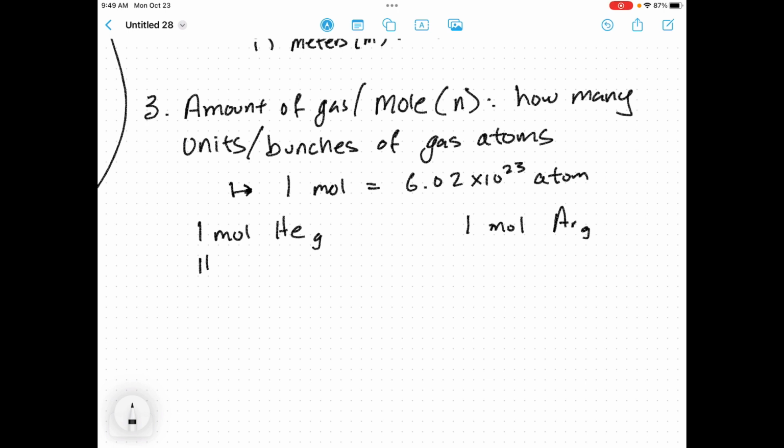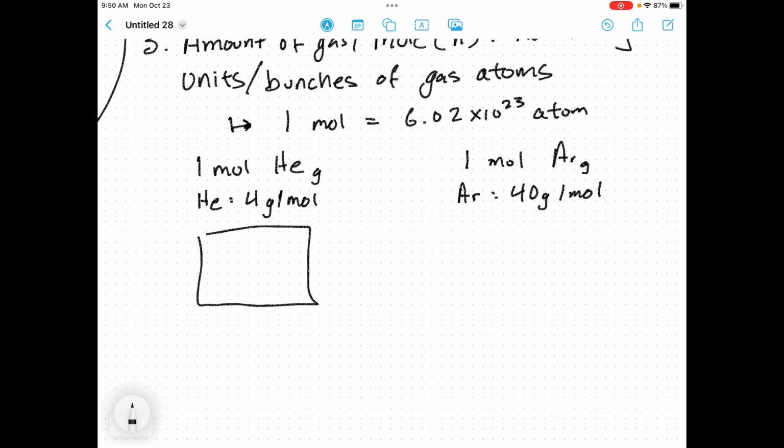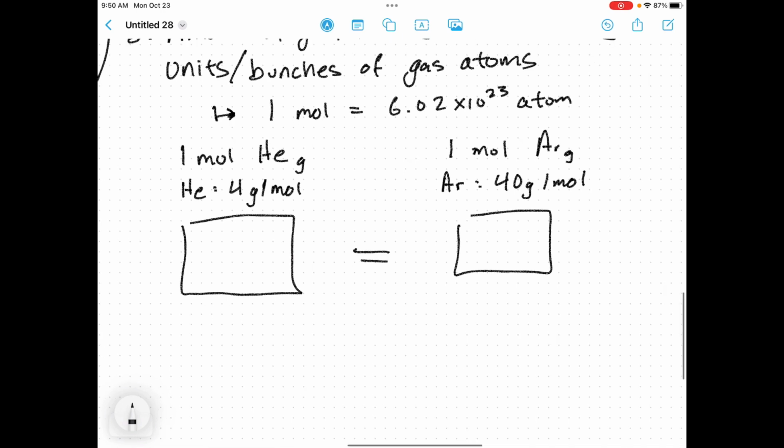The molar mass of helium is about 4 grams per mole. The molar mass of argon is about 40 grams per mole. I got those numbers from the periodic table. If I fill up a container with 1 mole of each gas, all of those particles will take up the exact same amount of space.